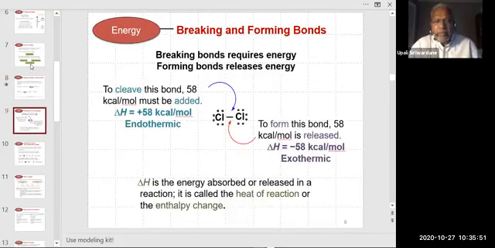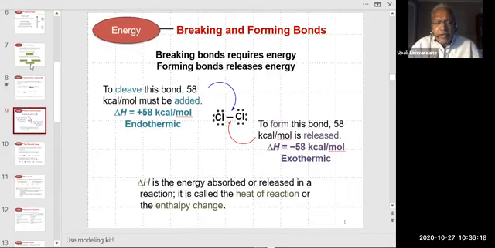Talking about bonds, where the potential energy of molecules is stored. Breaking bonds requires energy because bonds hold atoms together. Forming bonds releases energy. When they are formed, the energy is released.